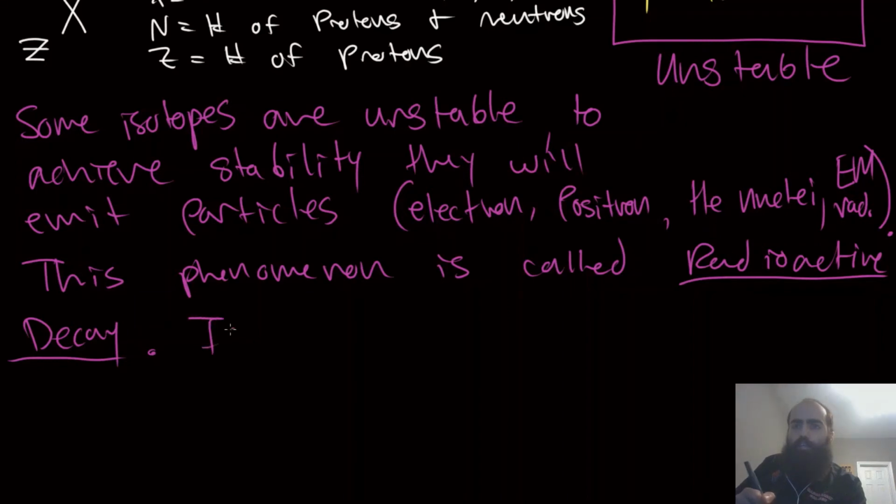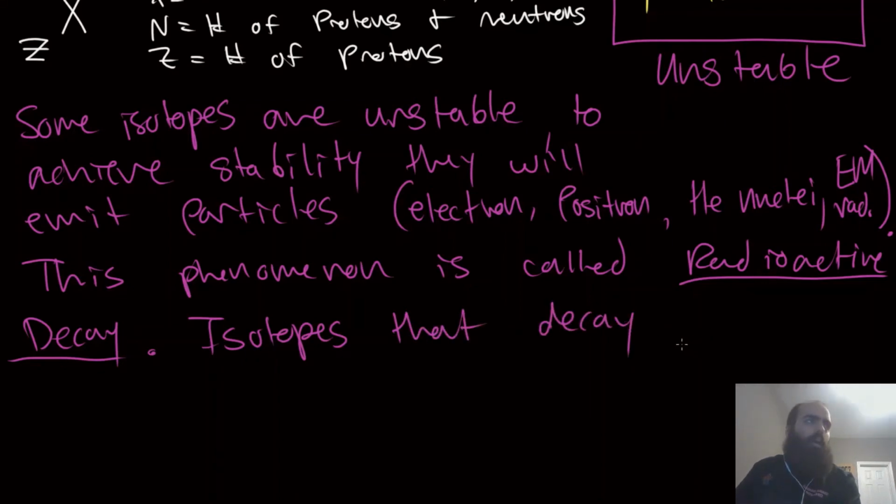Isotopes that do this, isotopes that decay and go through this process are said to be radioactive.